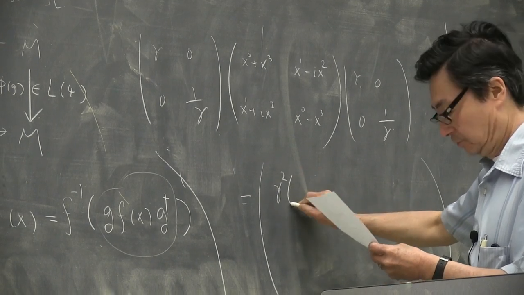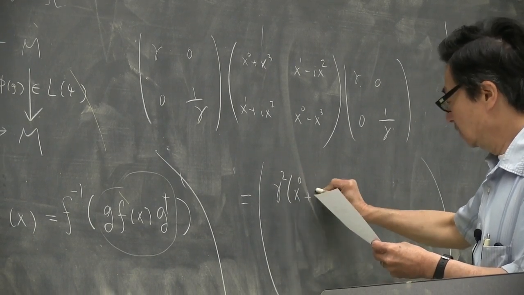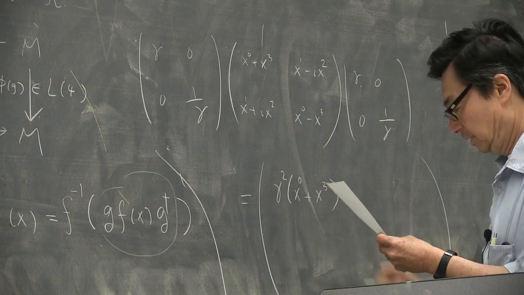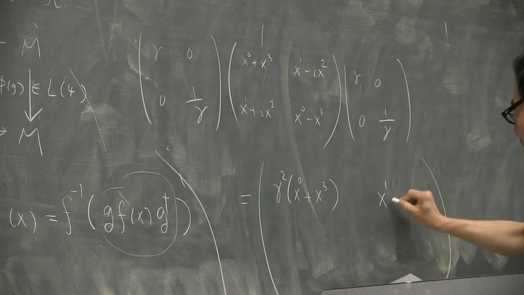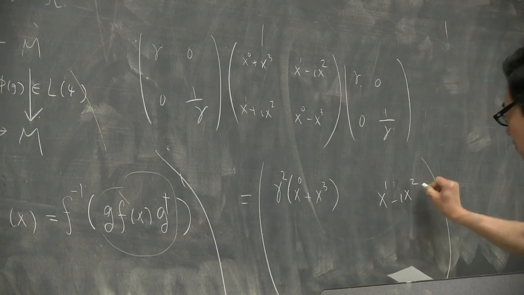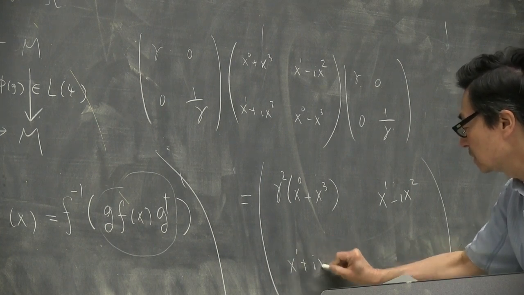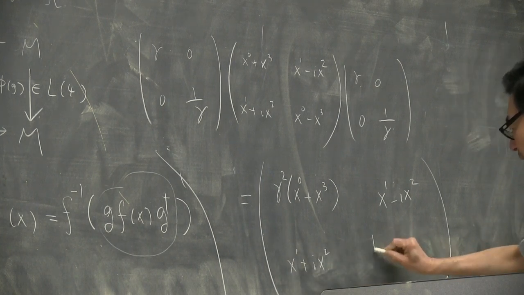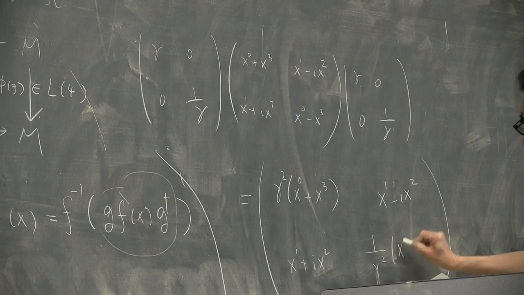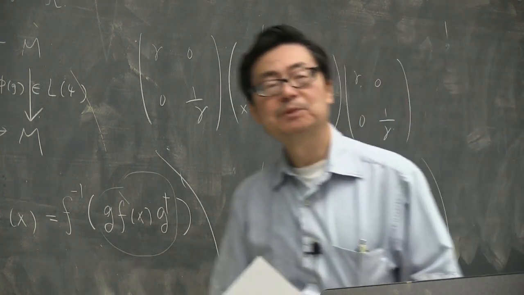Gamma squared over here, x0 plus x3, x1 minus ix2, x1 plus ix2, 1 over gamma squared, x0 minus x3. Okay? So that's the result.